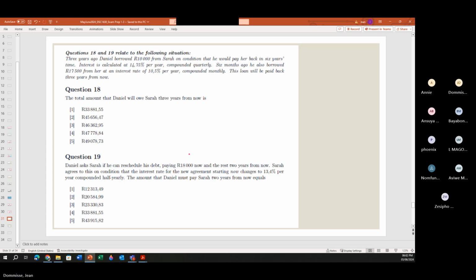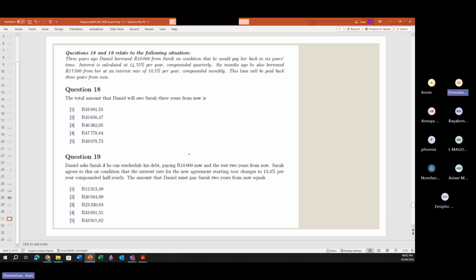So again, let's look at what the question is, and then let's see what we need to work out. So 3 years ago, Daniel borrowed 10,000 from Sarah on condition that he would pay her back in 6 years' time. Interest is calculated at 14.75% per year, compounded quarterly.